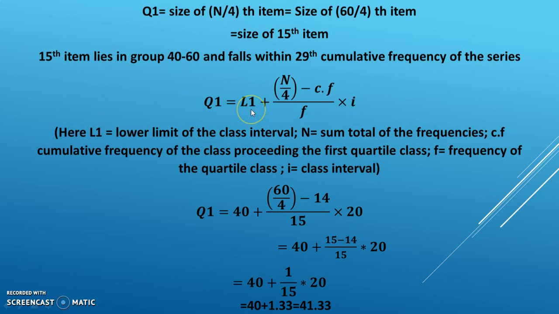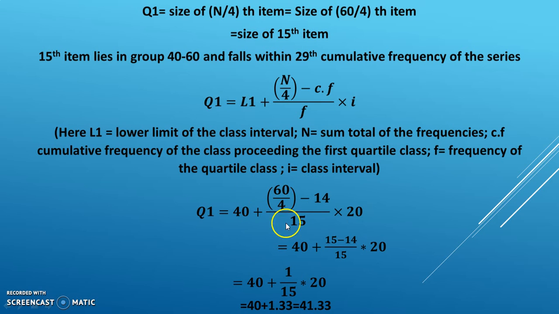Then we'll put the other formula. Q1 is L1 plus n by 4 minus CF upon f into i. L1 is lower limit of the class interval, n is the sum of frequency, that is total number of frequencies, CF is cumulative frequency of the class preceding the first quartile class, the cumulative frequency of the class before the Q1 class is what we have to write here. f is frequency of the quartile class, and i is the class interval.